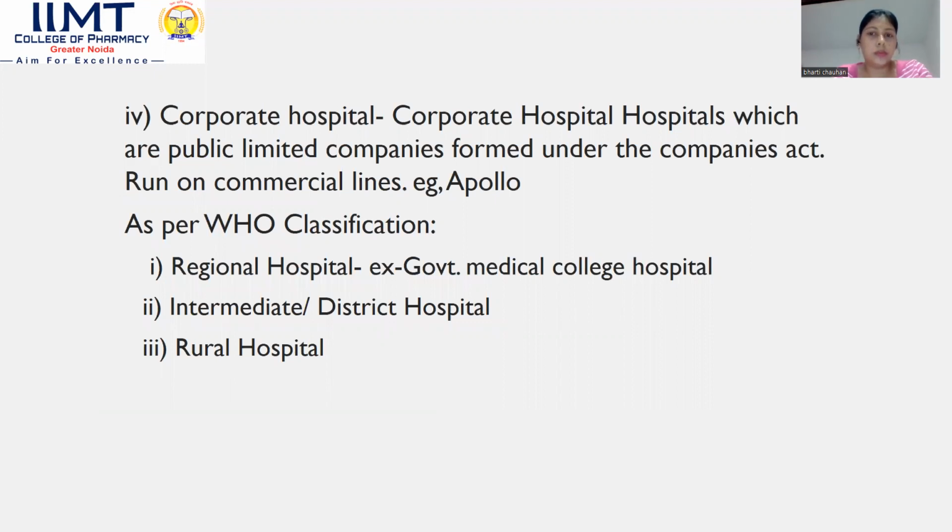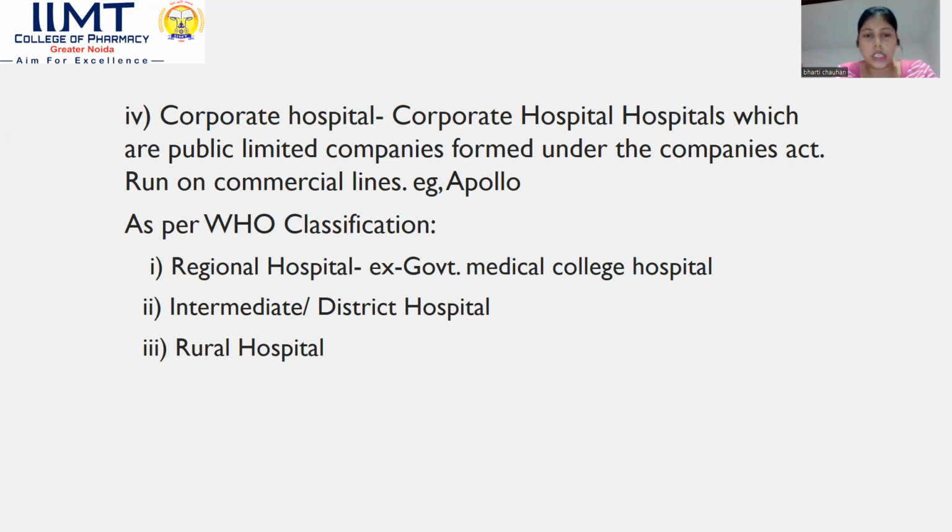Fourth is corporate hospital. Corporate hospitals are public limited companies formed under the Companies Act or run on commercial lines. Example, Apollo. You can easily see the sign of Apollo in residential areas. So this comes under corporate hospitals.